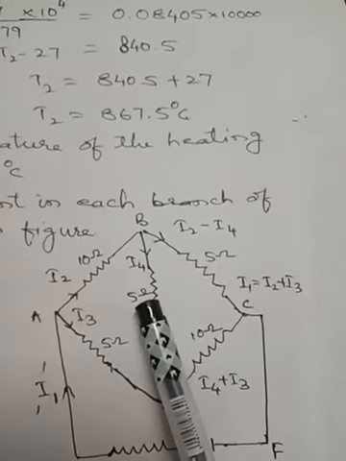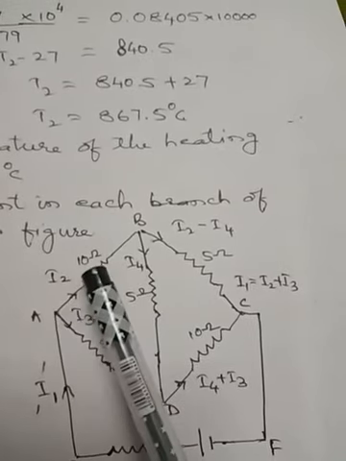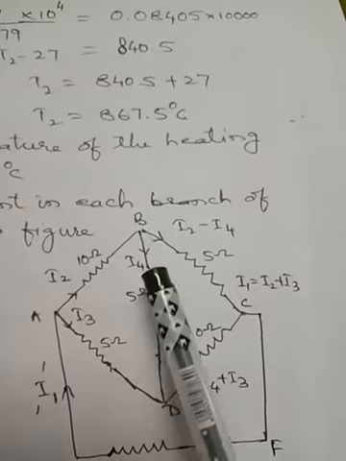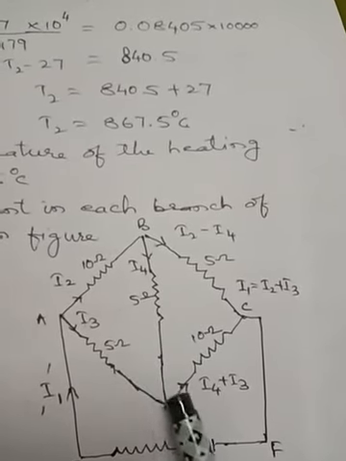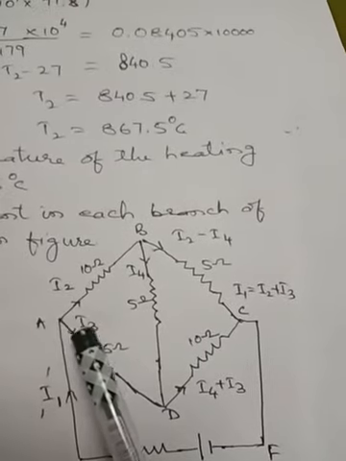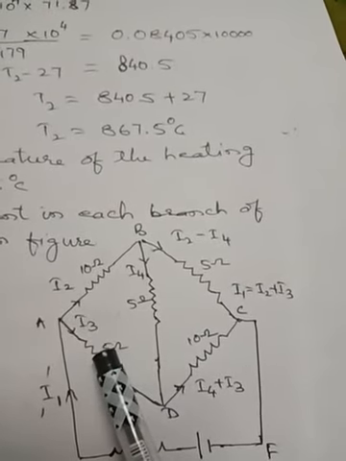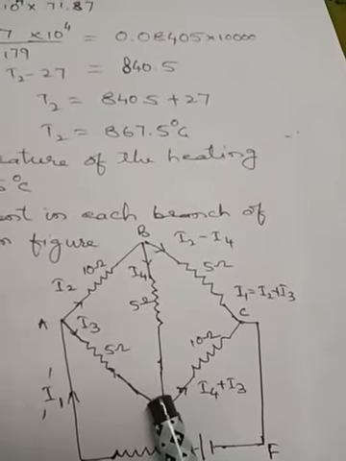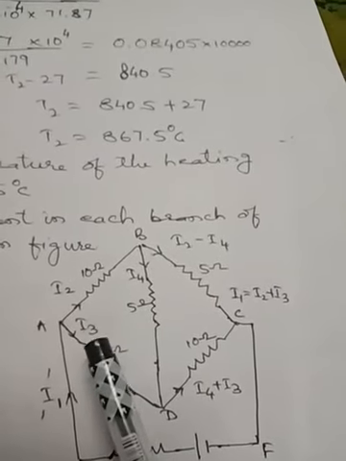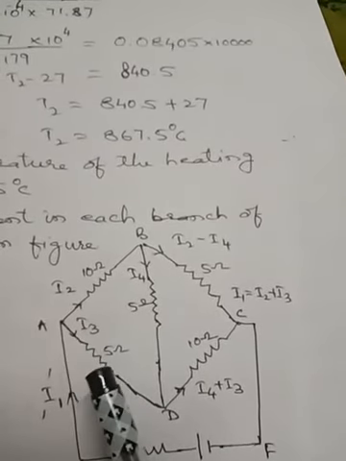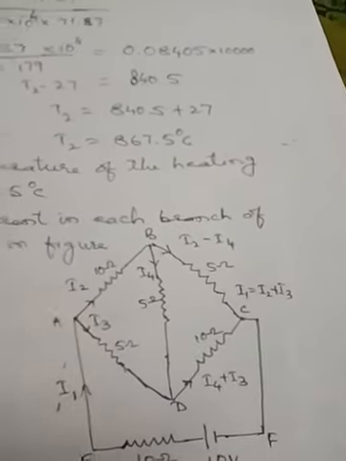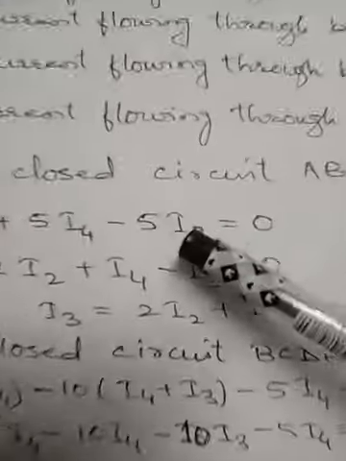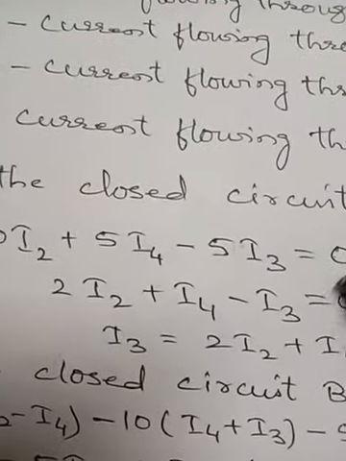Resistance is how much? 5. So 10I2 plus 5I4. Now after coming to this point, we are moving in the upward direction, but here the current is coming in the downward direction. So we are going against the current and the product will become minus. So minus 5I3 is equal to 0.